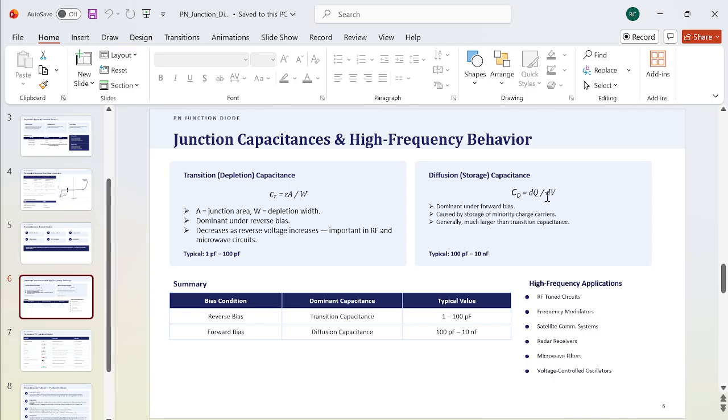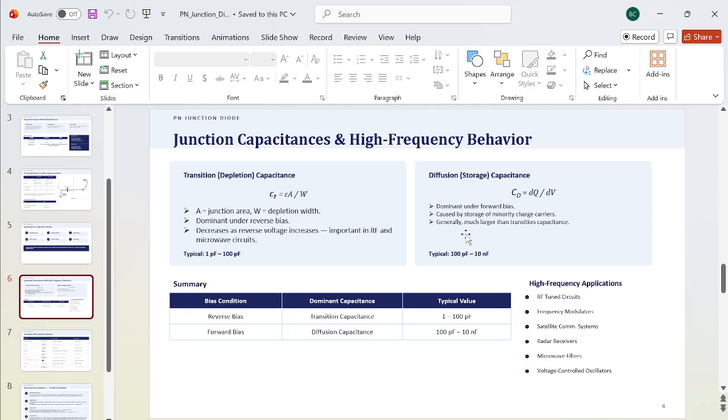Now talking about this diffusion capacitance, this is basically caused by the injection or storage of minority charge carriers. So the striking difference from the transition capacitance is that diffusion capacitance is based on minority charge carriers, whereas transition or depletion region capacitance is basically dependent on majority charge carriers.